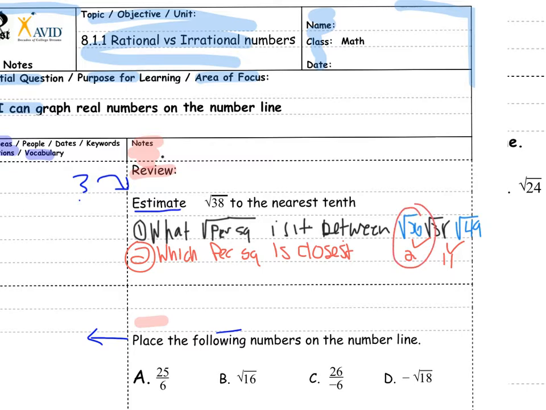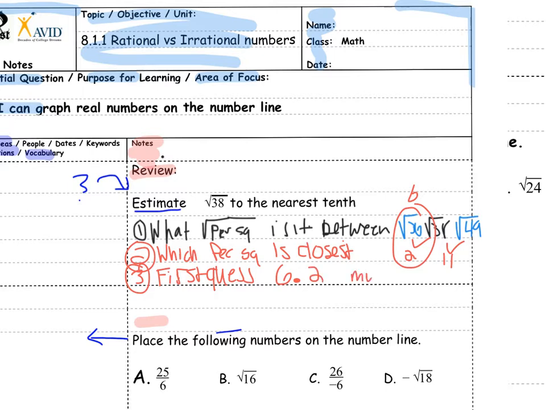It's really close to the square root of 36, which is 6. So you have to make your first guess, which is closer to 6, so 6 point something, really close to 6, so maybe 6.2.